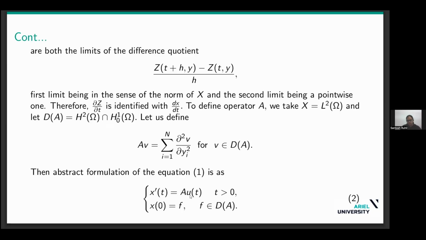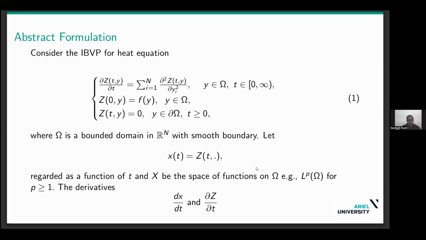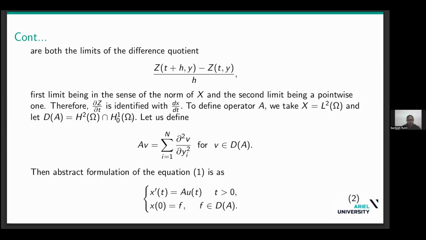So here we can see that our partial differential equation has been converted into an ordinary differential equation. The boundary condition in equation 1 has already been involved in the domain of A. So from here, we can use the semigroup theory to analyze the solution of this problem.